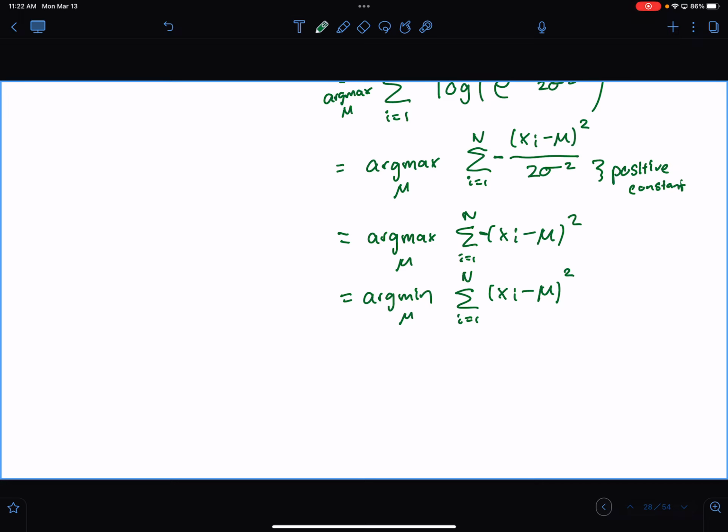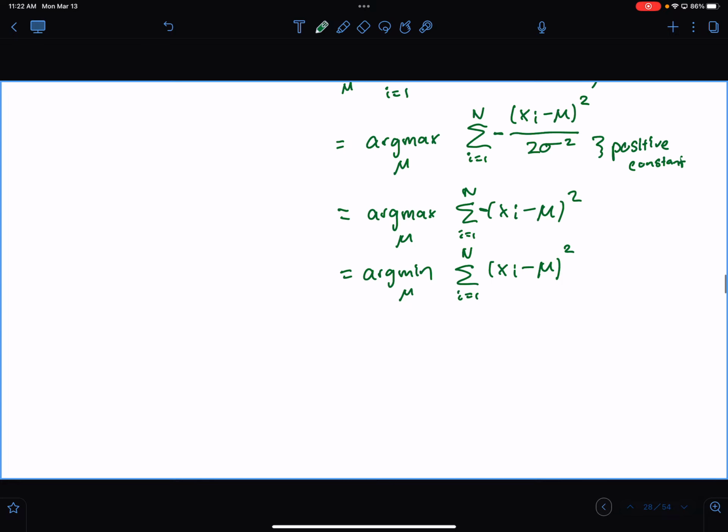And you can take the derivative now, right? If we take d by d mu of our likelihood expression, we get 2 times the sum from i equals 1 to n of xi minus mu. And we're just going to set that equal to 0 to find what the best choice of mu should be.